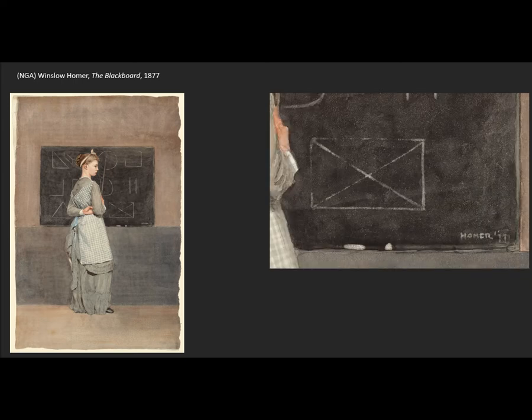Homer signs it on the chalkboard as if he had picked up a piece of chalk and signed it. Right? His name is right there with all of these diagrams. That seems to suggest that there's a connection between what he's doing as an artist and what she's doing on the board. She's drawn his name for him.